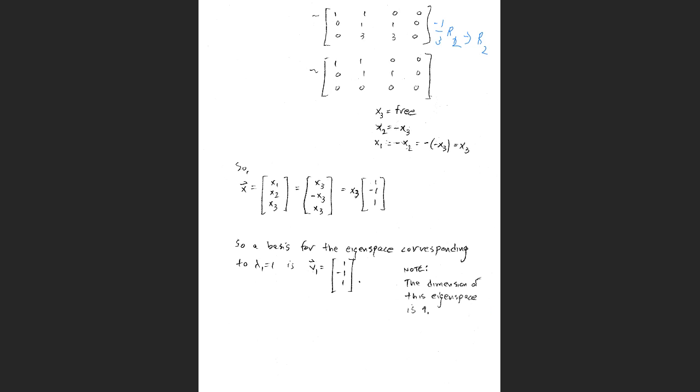And then finally, I took negative 3 times row 2, added it to row 3, and put the result in row 3.